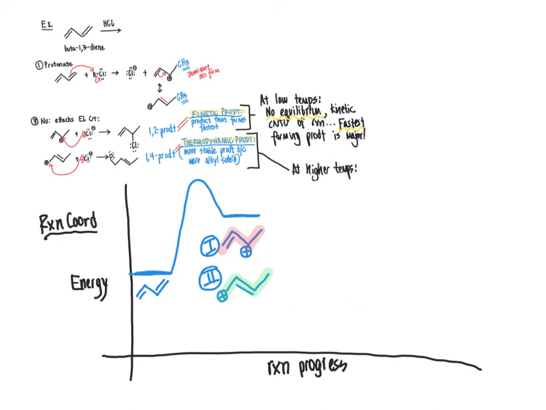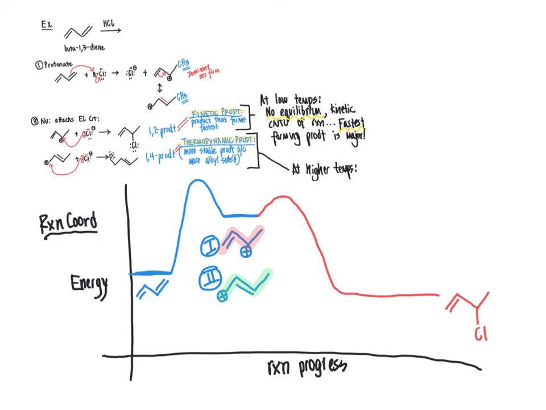And so I'm going to show in pink my energy curve leading to the product here, where we have a relatively low transition state. We come onward to the product here, like so. And so this path that we've shown in pink here would correspond to our product, where we bring in the chlorine atom right here as shown, because we took this carbocation, we brought in the chlorine right here, and so that's going to lead us to our product here.